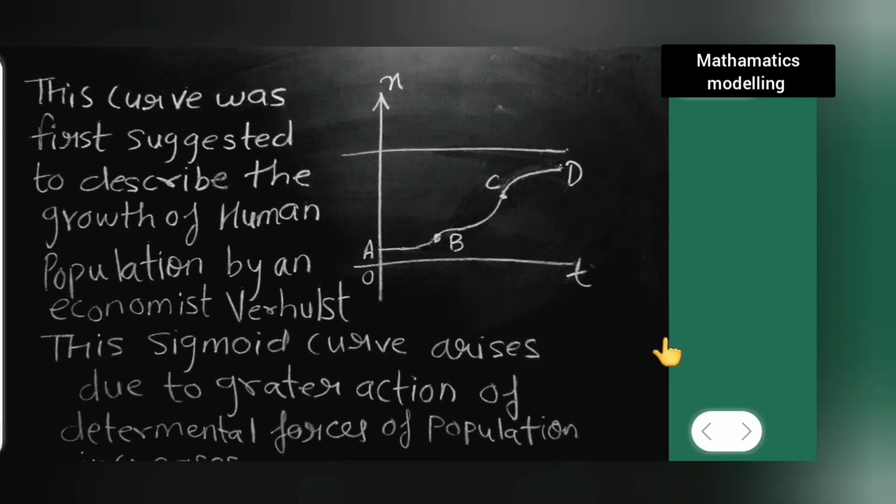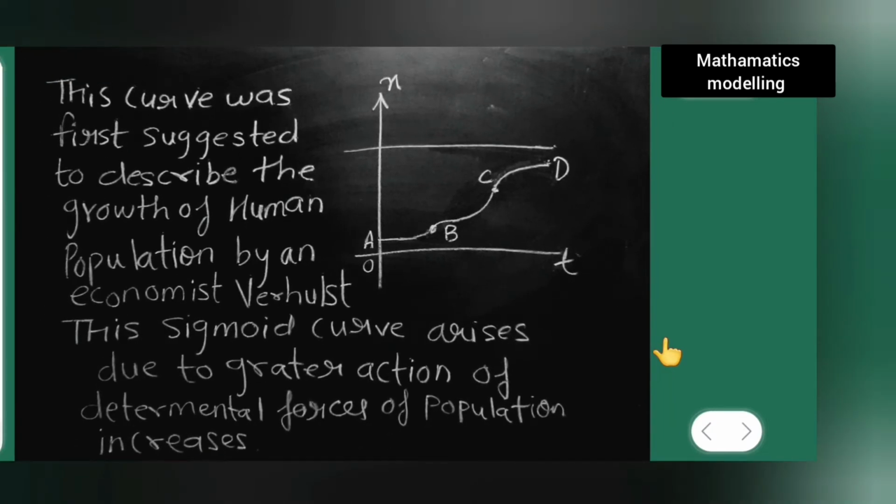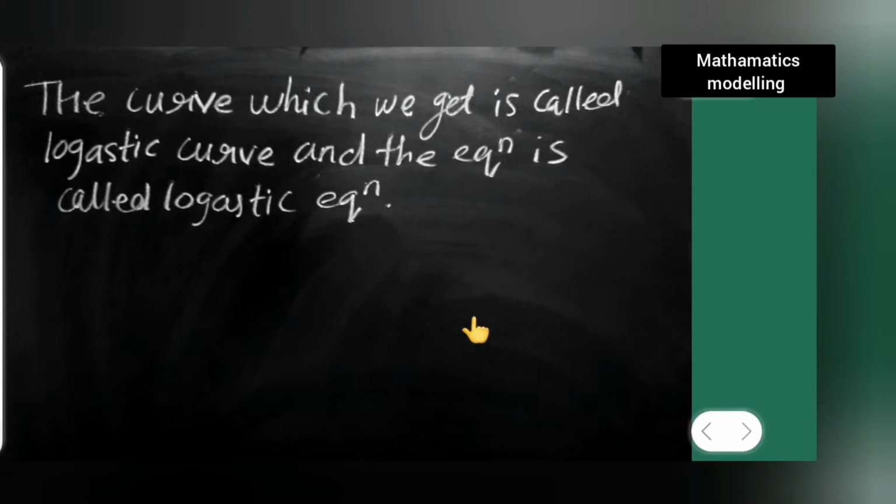I hope you all can see this clearly. These are just notes and this is very easy also. Now the curve which we get is called the logistic curve and the equation is called the logistic equation.